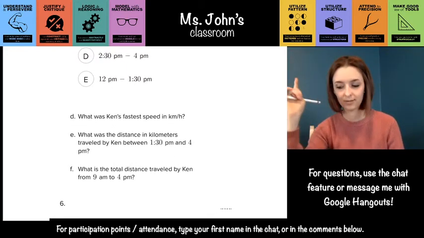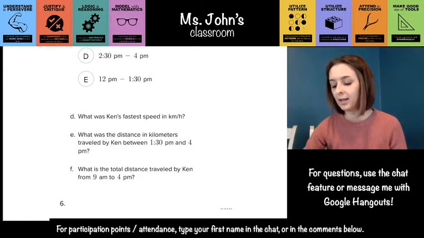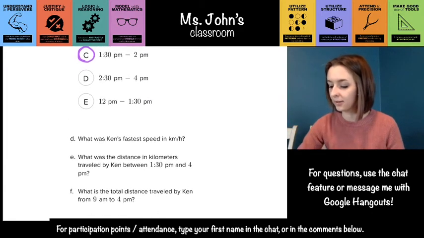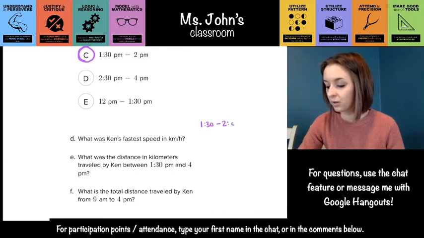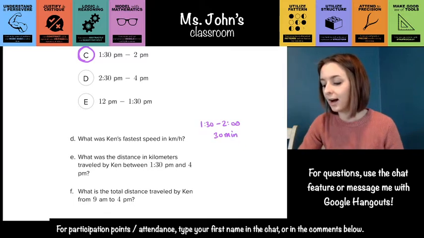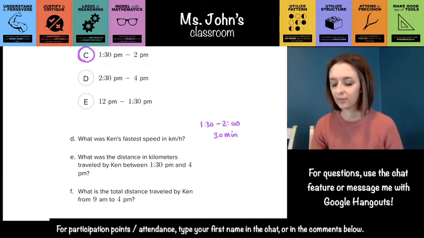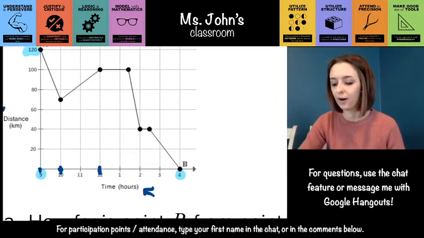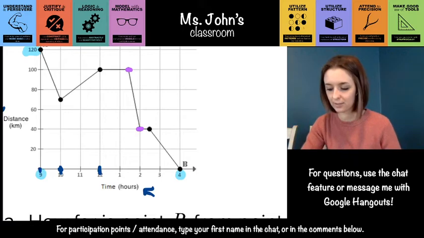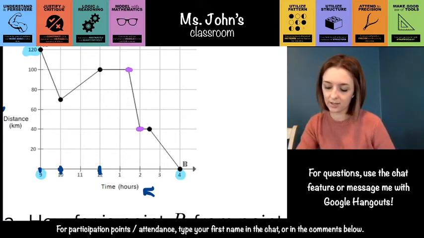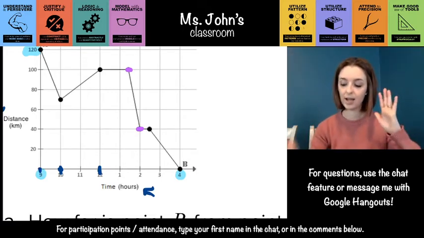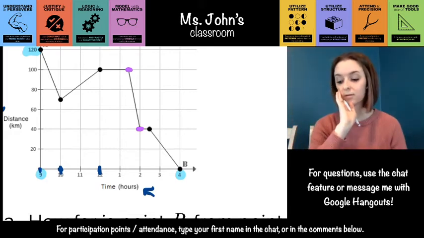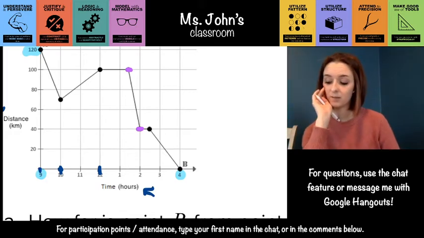And what was Ken's fastest speed in kilometers per hour? We just figured out where he was going the fastest, between 1:30 and 2, which is only 30 minutes. We need to figure out how far he went in 30 minutes to figure out the speed. So we go back to our graph and look at how far it was from this point to this point. He started 100 kilometers away and got to 40 kilometers away, which looks like 60 kilometers to me.